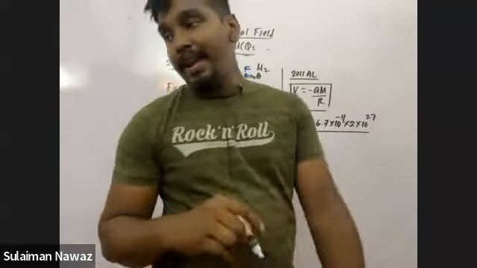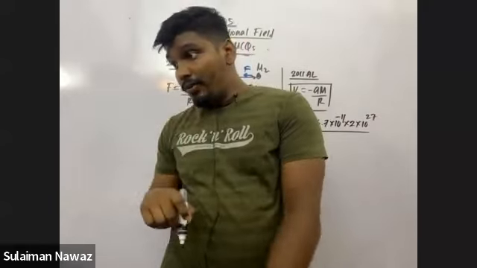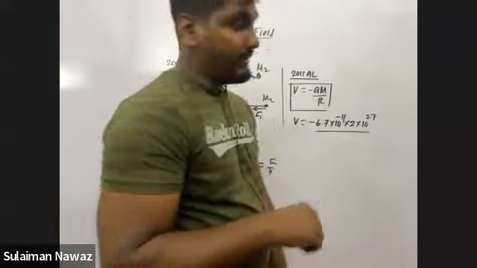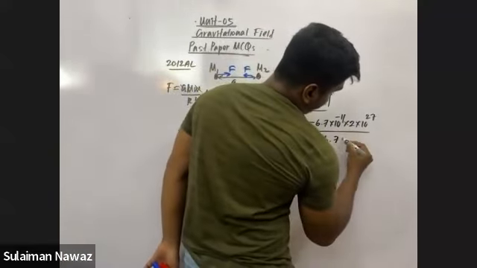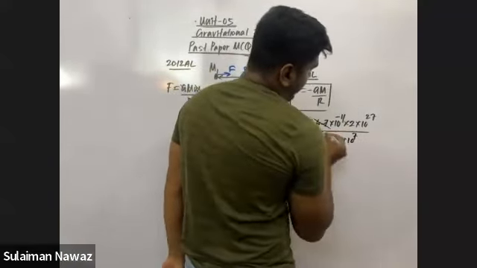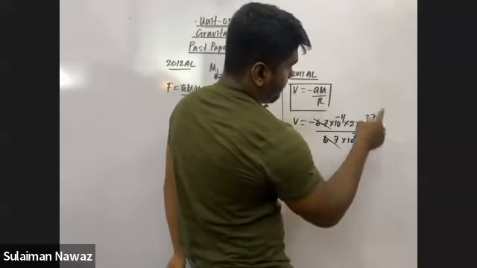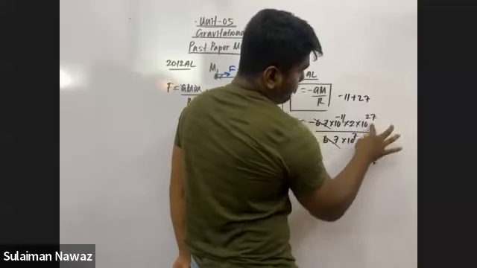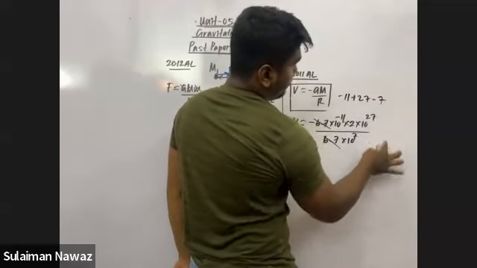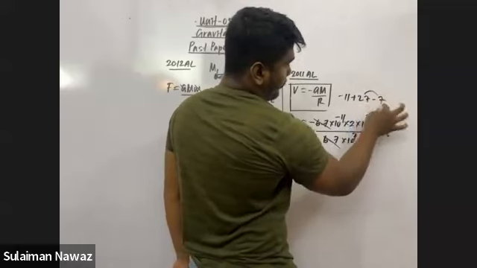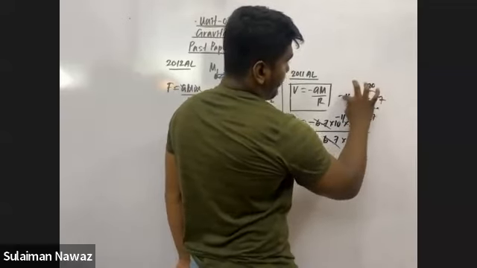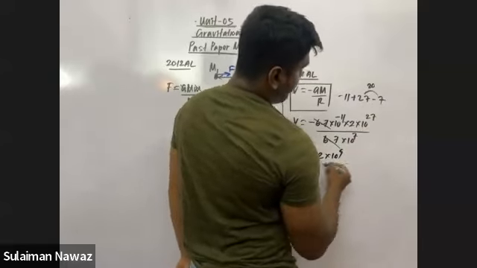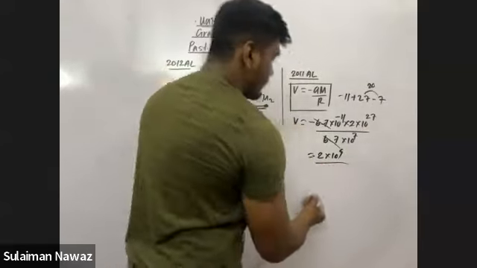Radius capital R is about 6.7 times 10 to the power 7 meters. Then minus 11 plus 27 minus 7 gives 9. So the answer is minus 2 times 10 to the power 9.